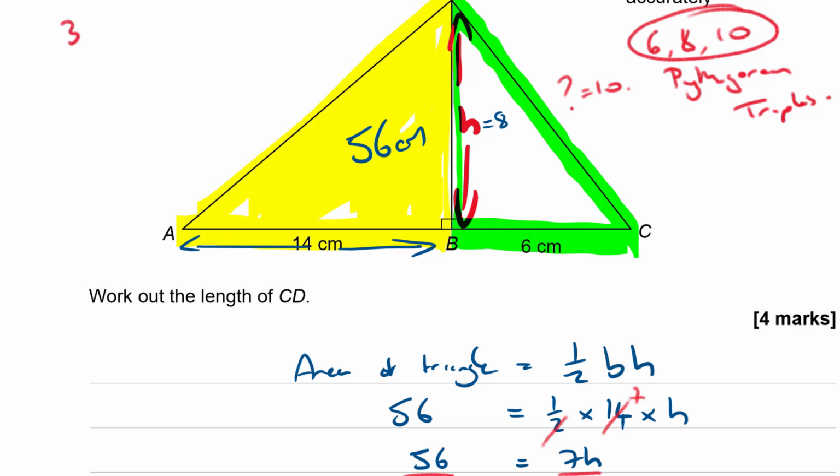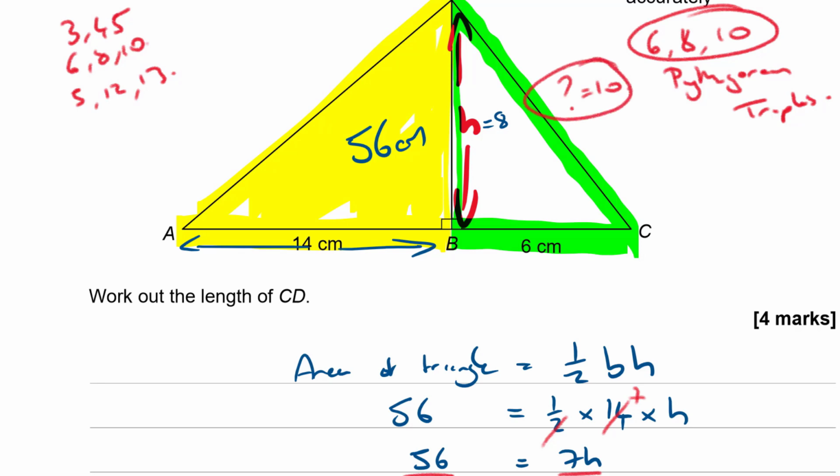So the first one is 3, 4, 5, and then any multiple of that is also a Pythagorean triple. So if you double each of those, you get 6, 8, 10. There's another one, 5, 12, 13. And knowing those means that if you have a problem that involves Pythagoras Theorem on the non-calculator paper, you can pretty much always work out what these are without even having to think about it.